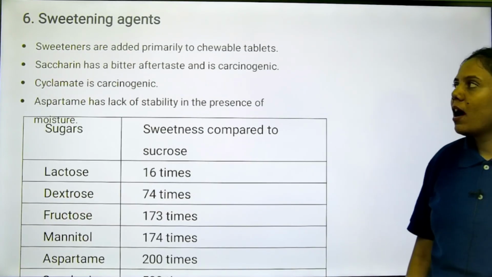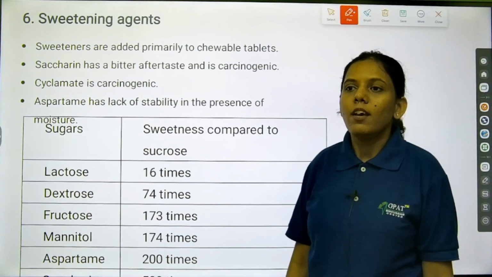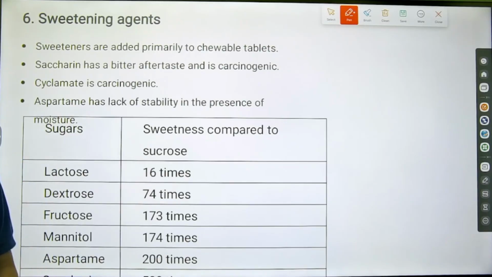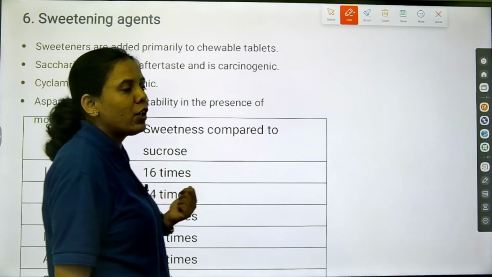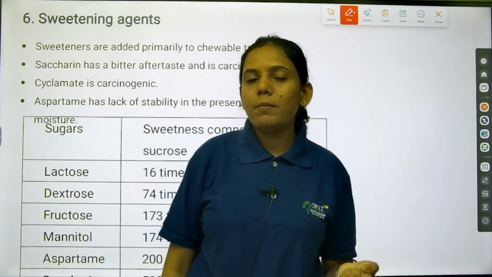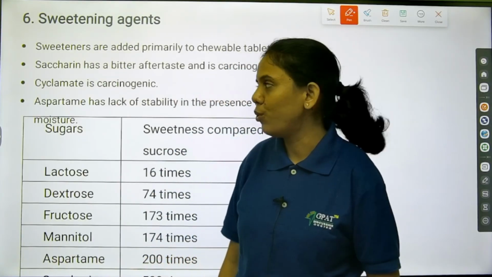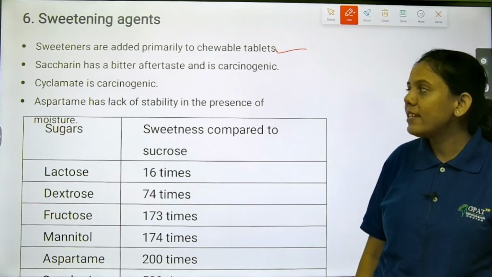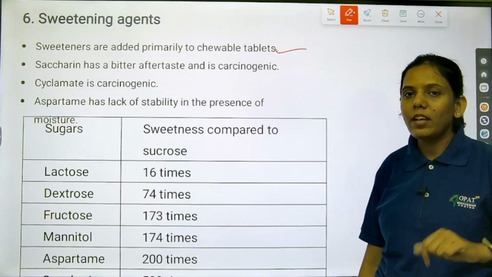And the last one is about the sweetening agent. Sweetening agents, there are naturally occurring also, but artificial sweeteners are important for you to remember. In the artificial sweeteners, you have to remember how many times it is sweeter as compared to sucrose. Sweeteners are added primarily to chewable tablets, definitely because the taste will come there.